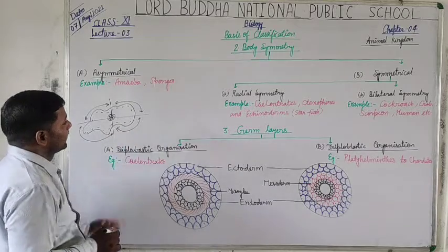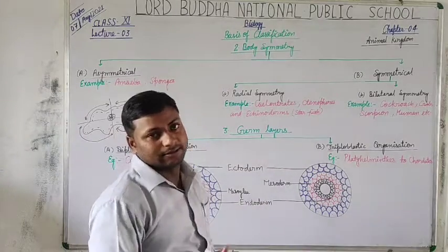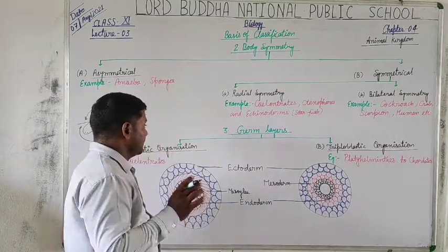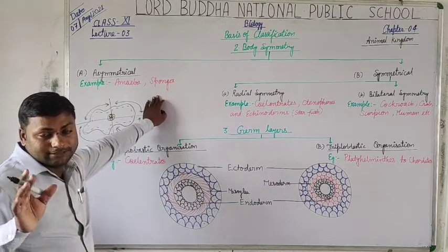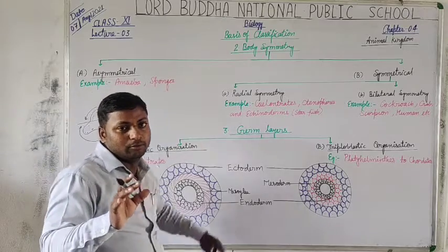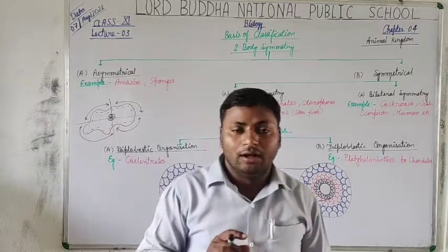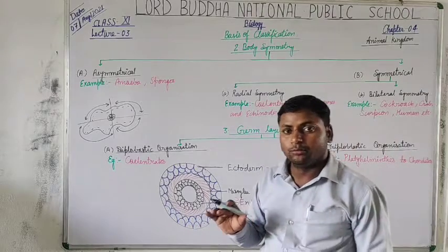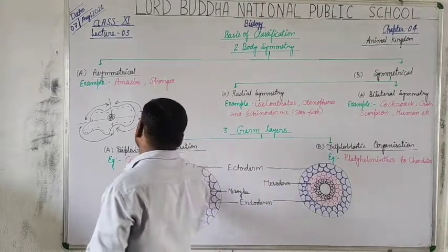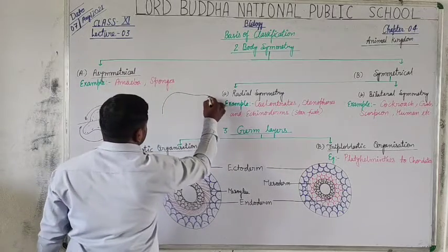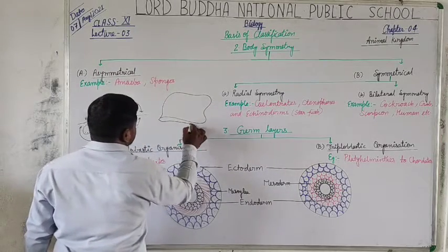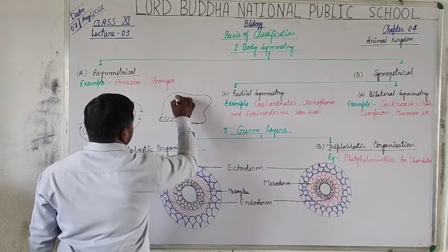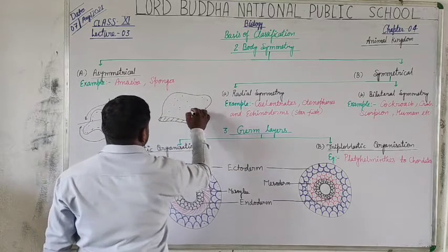Likewise students, sponges of the phylum Porifera. Sponges are members of Porifera. All the Porifera have no definite body shape and size. For example, here is a structure of Euspongia, the bathing sponge.